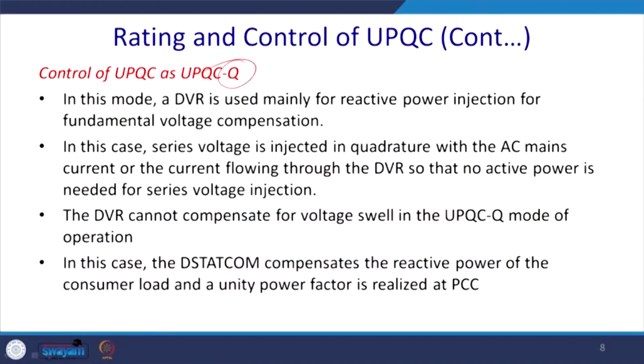Just recall that in this mode it injects the voltage in quadrature with the current. Here the DVR is used for reactive power injection for fundamental voltage compensation. The series voltage is injected in quadrature with the AC mains current flowing through the DVR, and no active power is required. So power handling capability is minimum, but effectiveness is also minimum because it only injects power in quadrature.